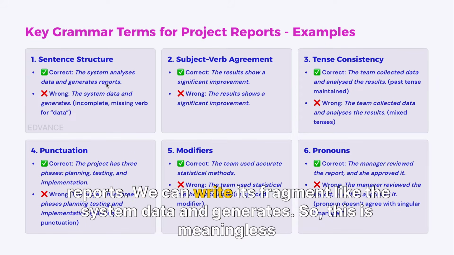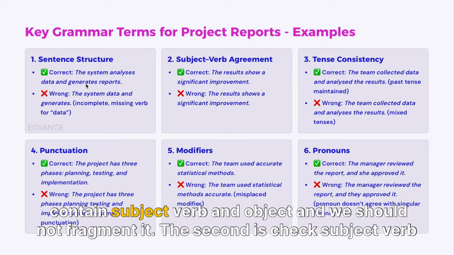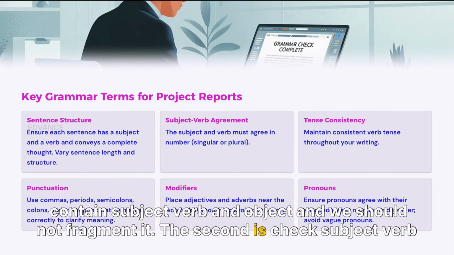We can write its fragment like the system, data, and generates. So this is meaningless where we miss the verb, just data. So the sentence structure should contain subject, verb, and object, and we should not fragment it.